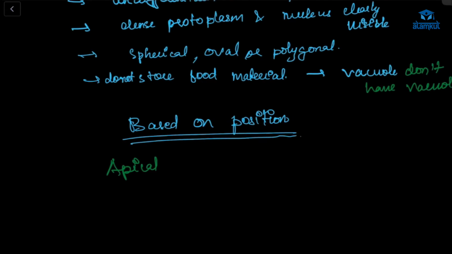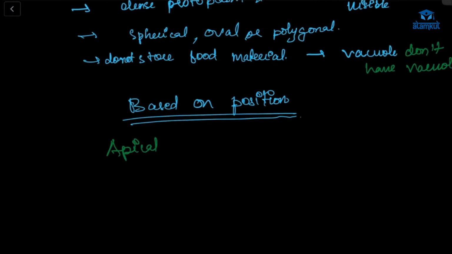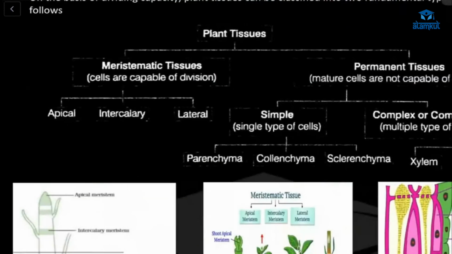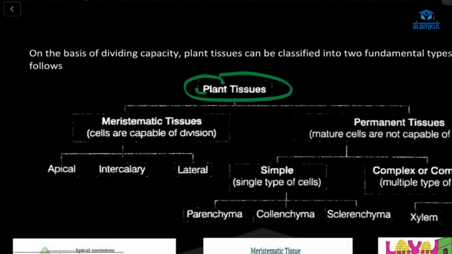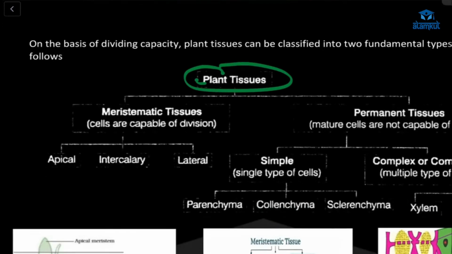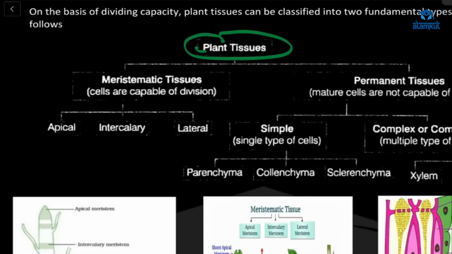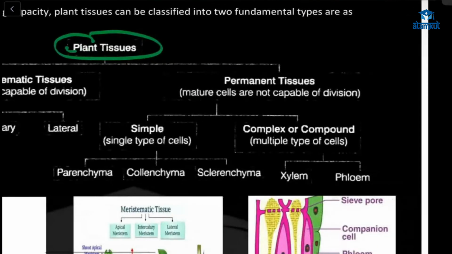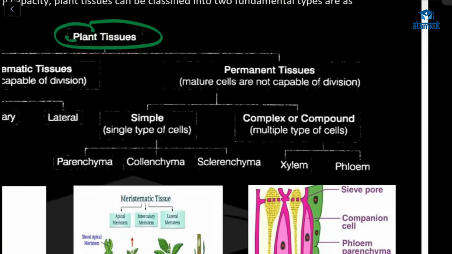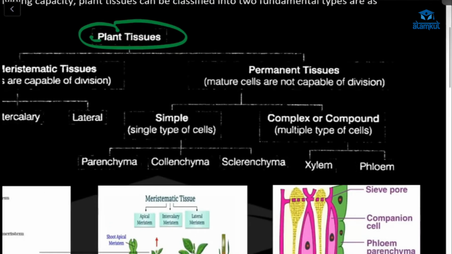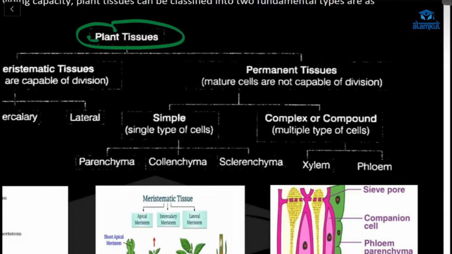Yes, ma'am. Ma'am, can you tell us all the types of plant tissues? See, plant tissues are those whose cells are capable of division. That is meristematic tissue. Inside that there will be apical, intercalary, and lateral. And in the permanent tissue, these are mature cells, after they get differentiated and form permanent tissues.